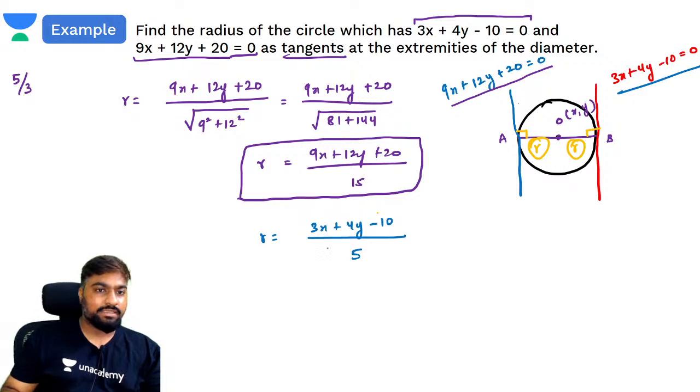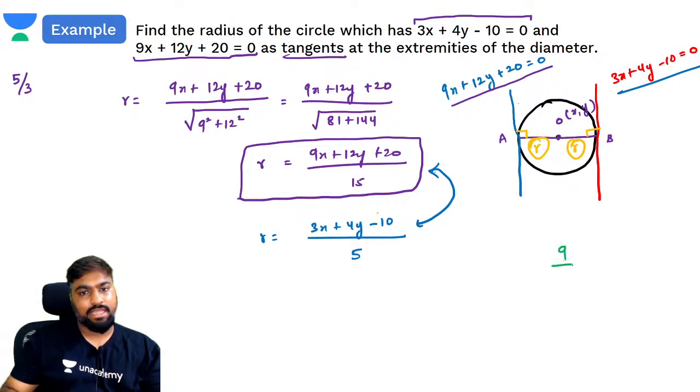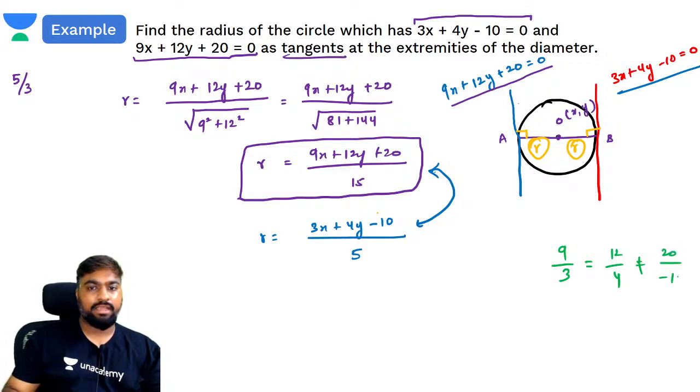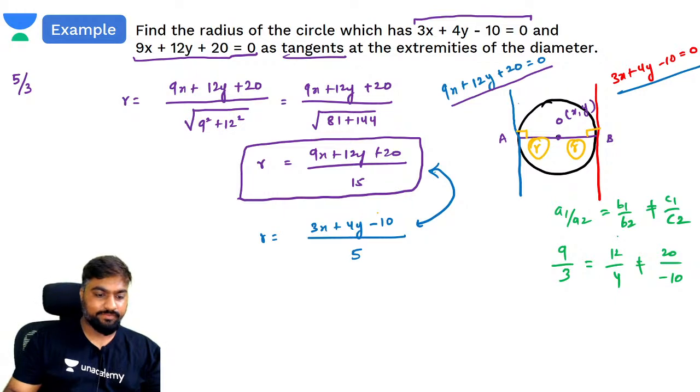Looking at these two equations, it's clear that they are parallel lines, because 9 by 3, a1 by a2, is the same as 12 by 4, b1 by b2, which is not equal to 20 by minus 10, c1 by c2.